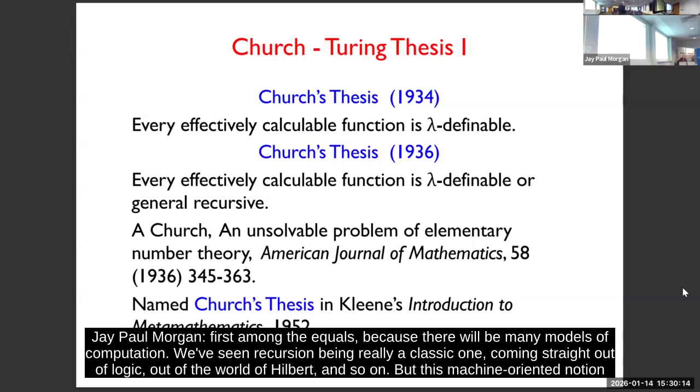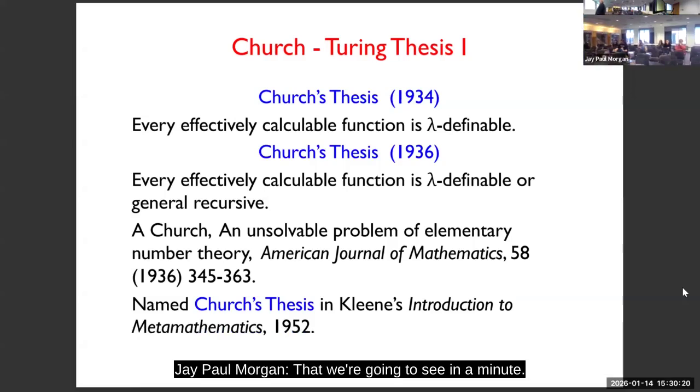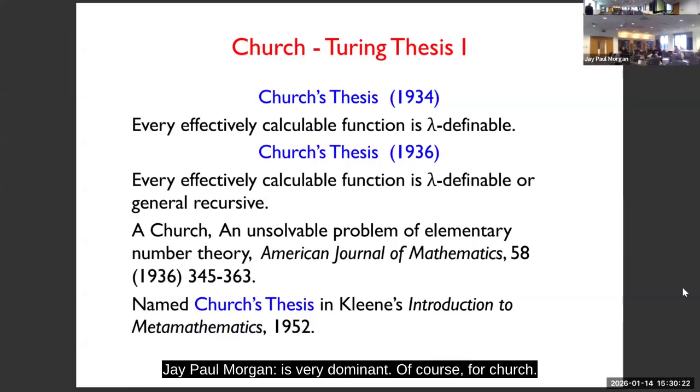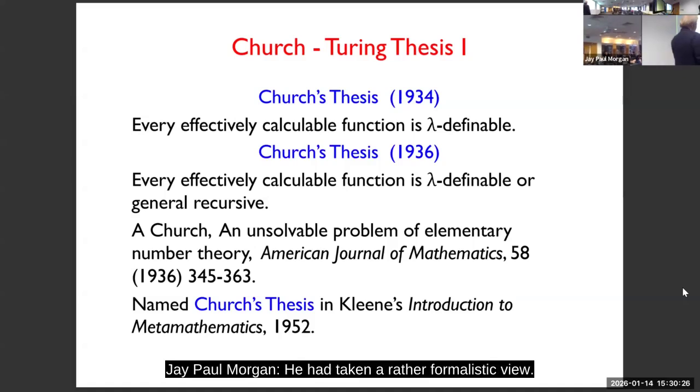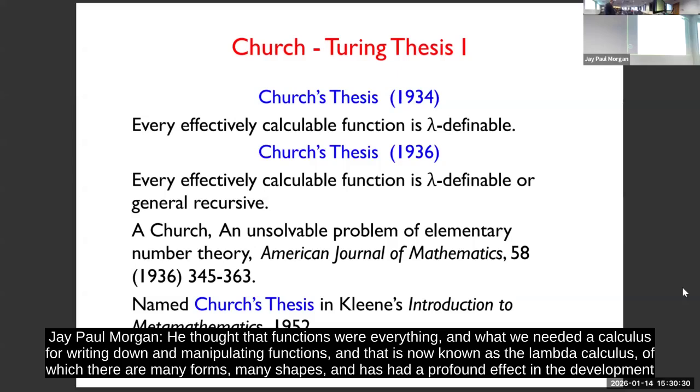We've seen recursion being really a classic one coming straight out of logic, out of the world of Hilbert and so on. But this machine-oriented notion that we're going to see in a minute is very dominant. Of course, Church had taken a rather formalistic view.